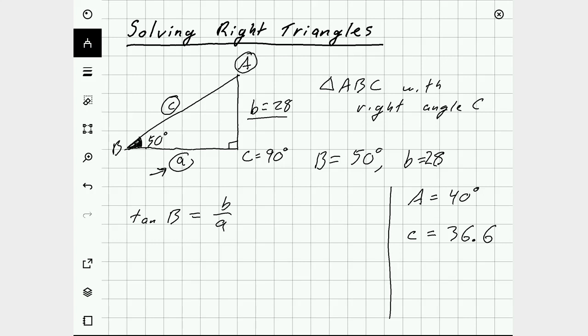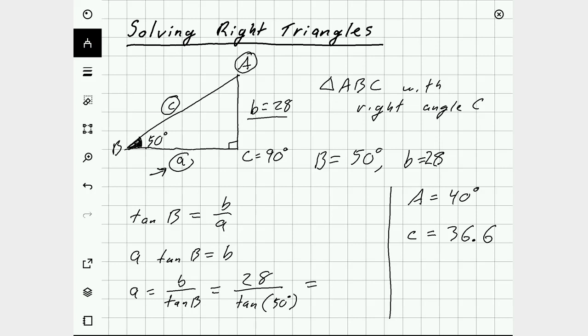Multiply both sides of the equation by little a. And divide both sides by tangent of b. Once again, fill in all that information. Make sure your calculator is in degree mode.